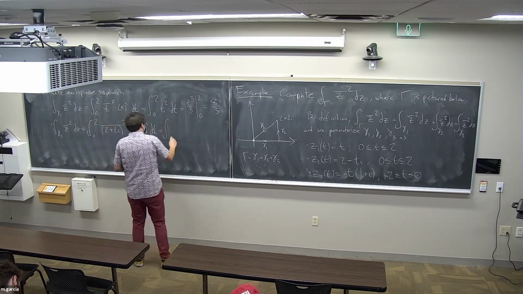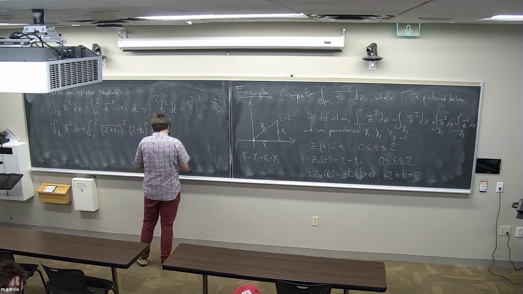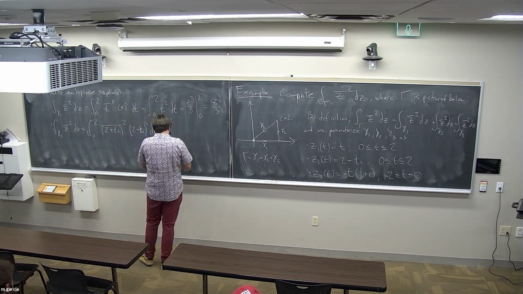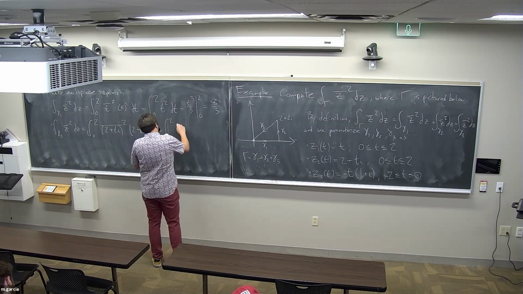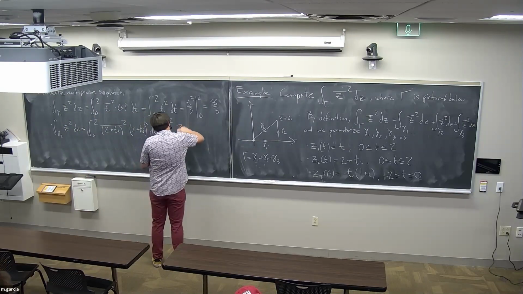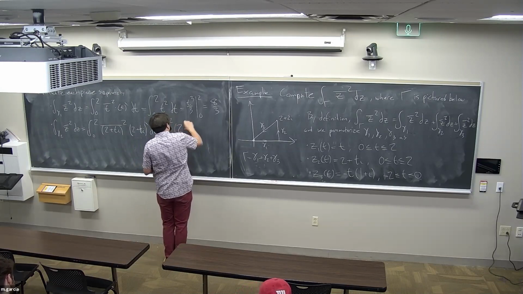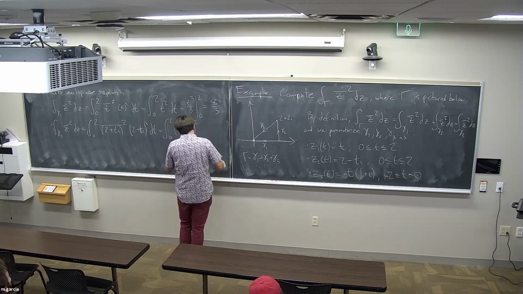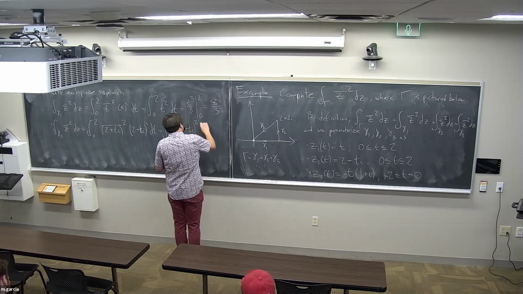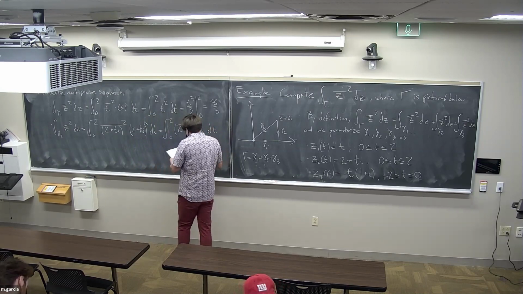Or in other words, the integral from 0 to 2 of (2 minus ti) squared times i dt.